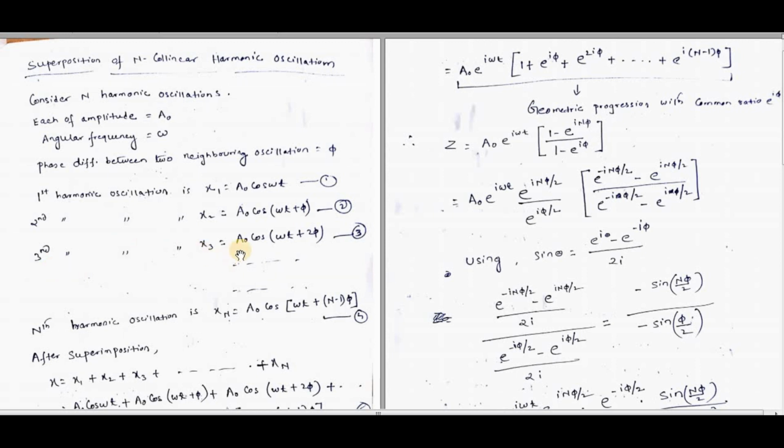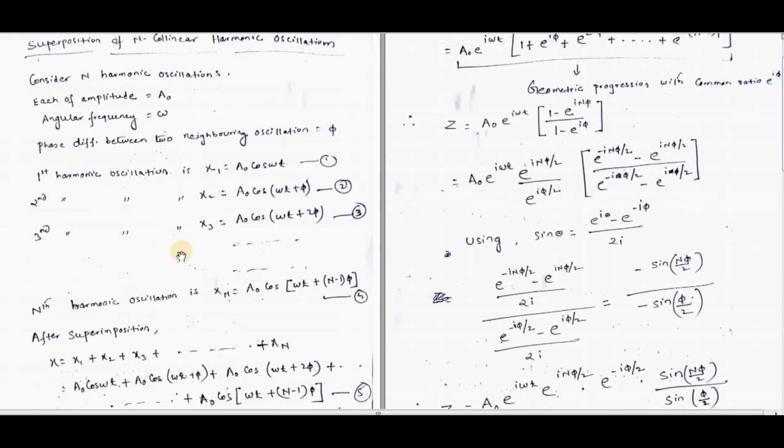The third one is x3 is equal to a0 cos omega t plus 2 phi. You can see the phase difference between two consecutive harmonic oscillations is phi. So in this way, the nth harmonic oscillation is xn is equal to a0 cos omega t plus n minus 1 phi.